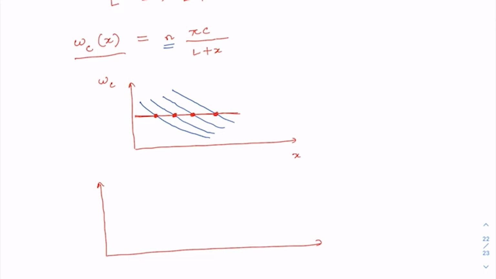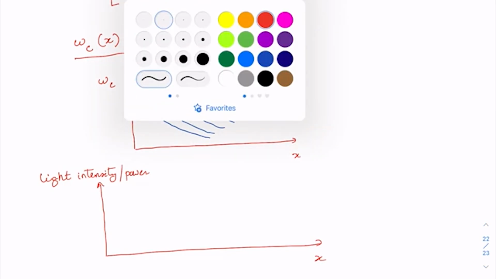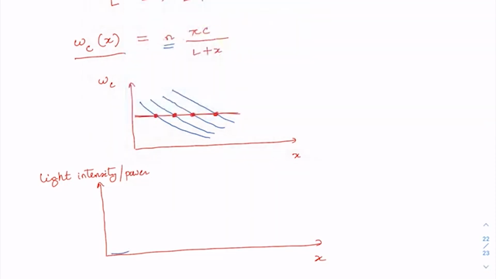So if I plot, say, light intensity or light power on the y-axis, and here this is the displacement of the mirror, then we are going to have various resonance peaks separated equidistantly like this. It has very sharp spikes when the resonance condition is satisfied.